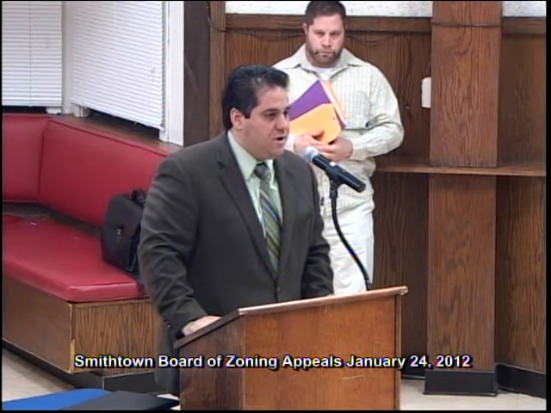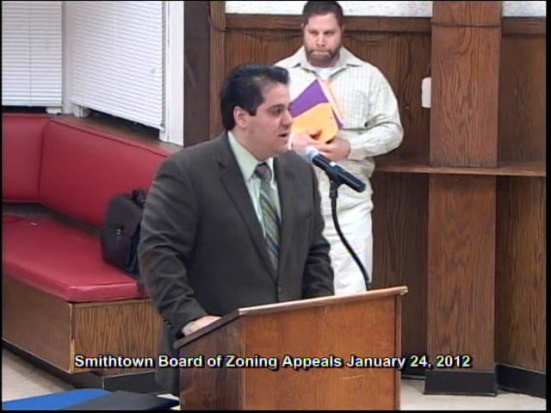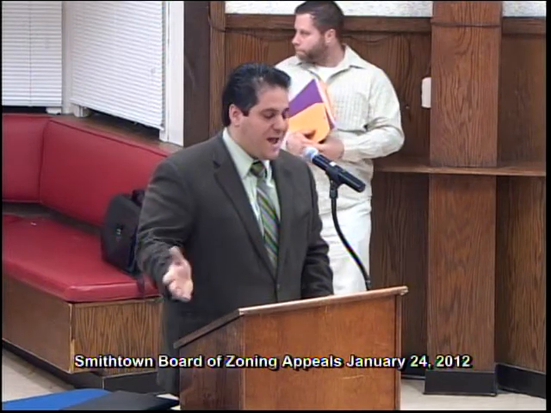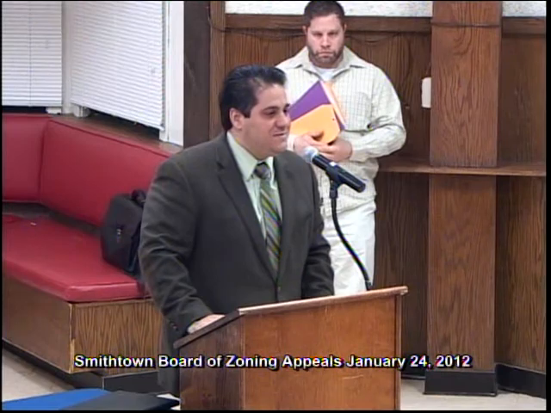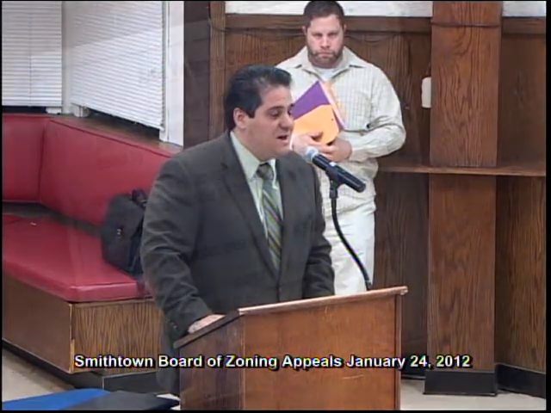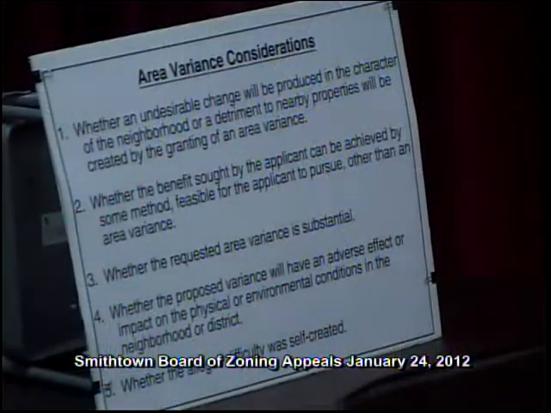It's also located in the rear yard, close to the side property line. The applicant does not have another means of dealing with this since it's already existing, so there's no other alternative for him.